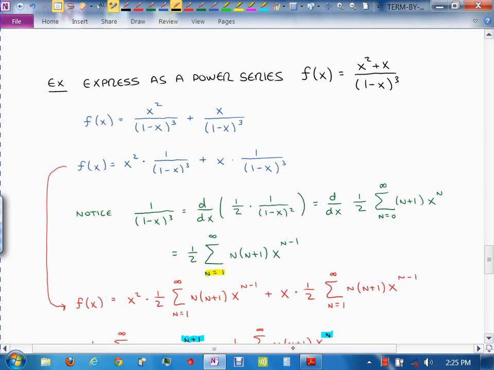What's the derivative of this? Negative 2 comes out, becomes a negative 1. 1 minus x to the negative 3 times chain rule, inside negative 1. The negative 1 and negative 1 cancel, and you get the 1 over 1 minus x cubed. So the 1 over 1 minus x cubed is the derivative of 1/2 this. Well, what's this?